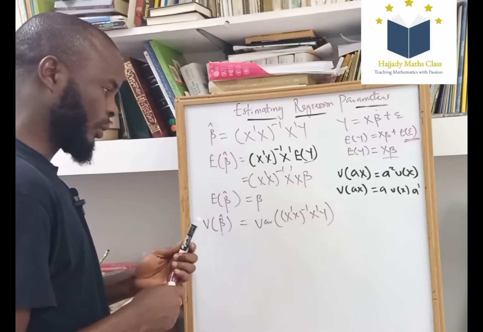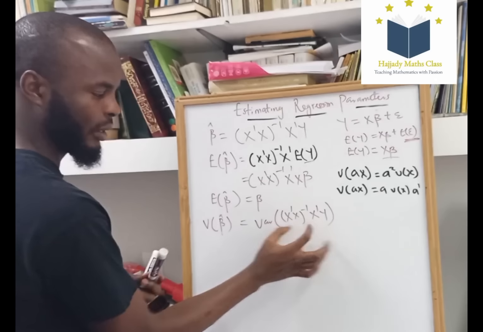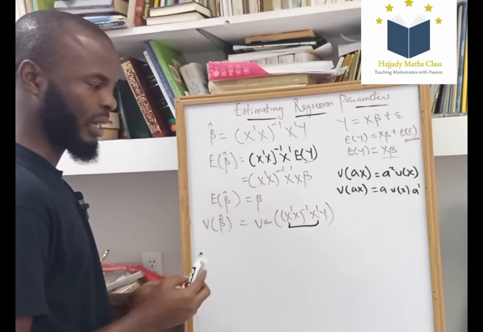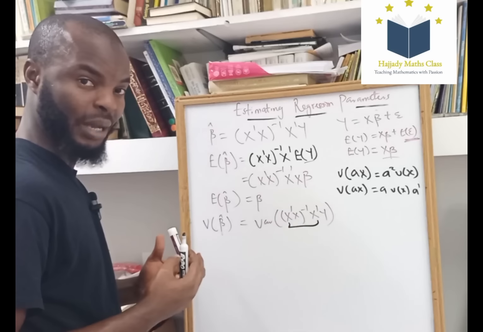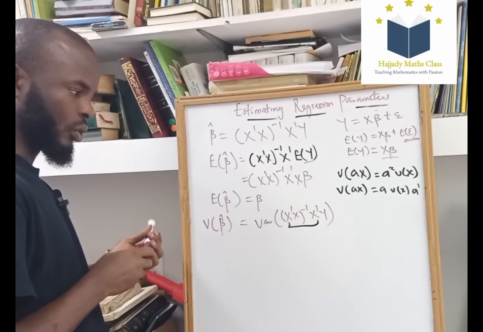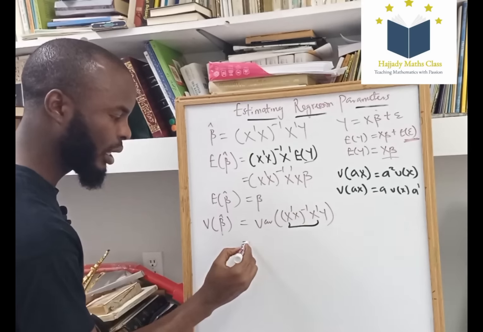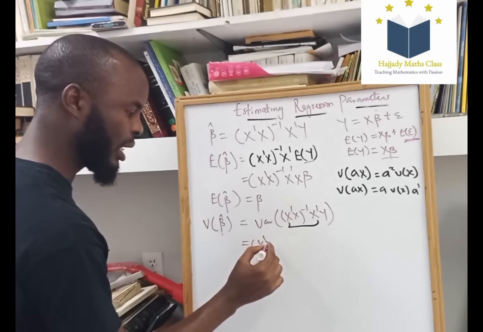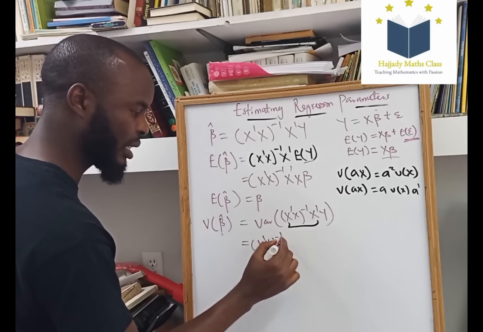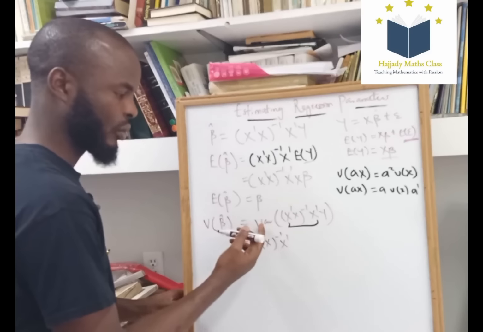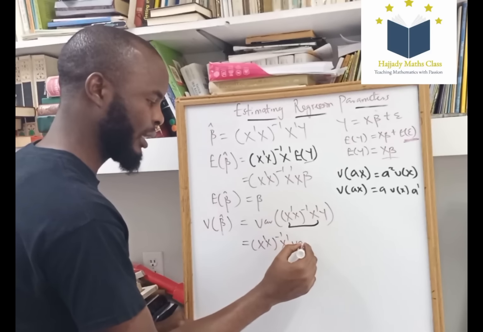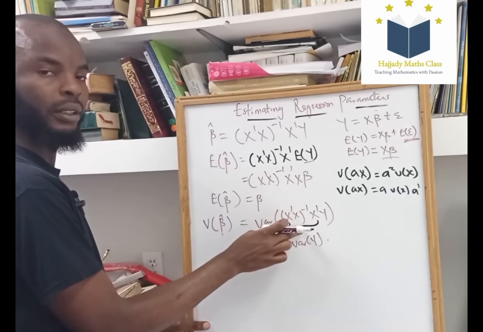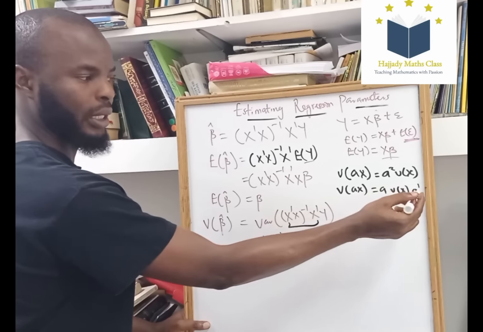Okay, so this is going to be my constant. This is going to be my a. X prime X inverse X prime is going to be my a in this regard. So using the same approach, I'm going to have my a coming out, which is X prime X inverse X prime, then the variance of my variable y, and then the transpose of this, a transpose.